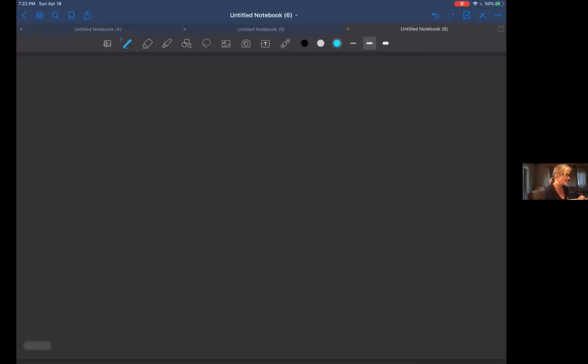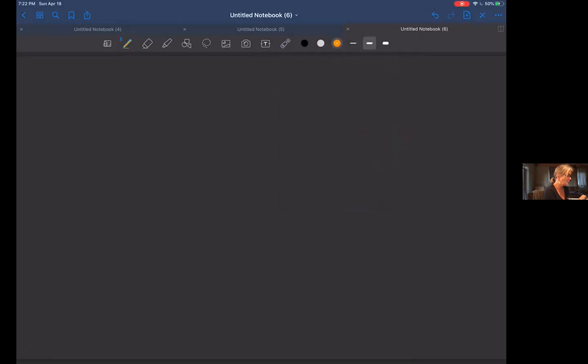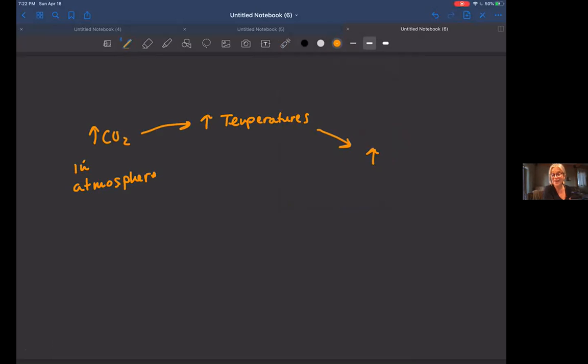This is another example that's kind of well known, where we have an increase in CO2 in the atmosphere. Since it is a greenhouse gas, it is going to increase temperatures. This increase in temperature is going to increase the thawing of the permafrost.